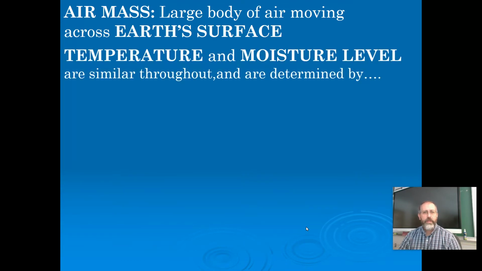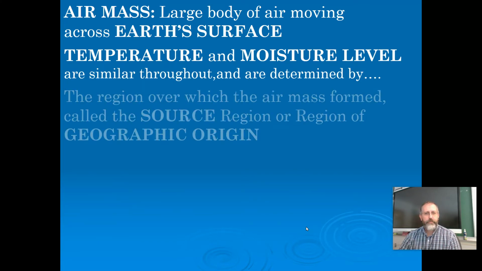The two characteristics we worry about in here are temperature and moisture level. It's either going to be warmer or colder than the air around it, and it's going to be either really wet or really dry or somewhere in the middle. But those are the characteristics that we need to worry about, temperature and moisture level. Now, it is totally logical. I know I don't get to do that all the time in earth science. Not everything seems logical, but it's totally logical where they pick up these temperature and moisture characteristics.